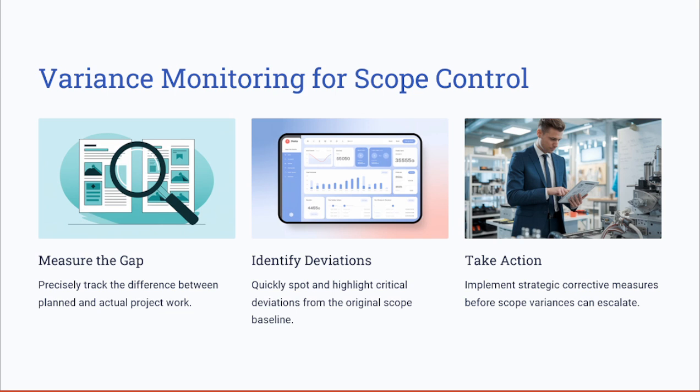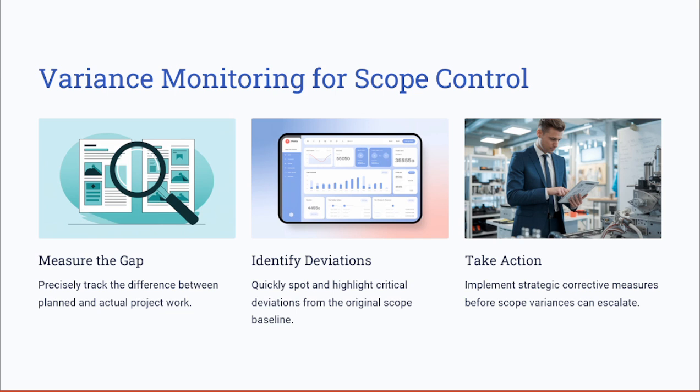Now let's look at variance analysis, or variance monitoring, when doing scope control. Variance monitoring is crucial for identifying unexpected changes in the project scope. By analyzing these variances, the project managers can determine their root cause, assess their impact, and decide on an appropriate corrective action.